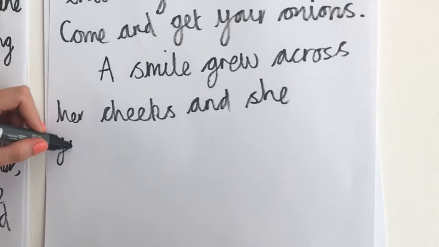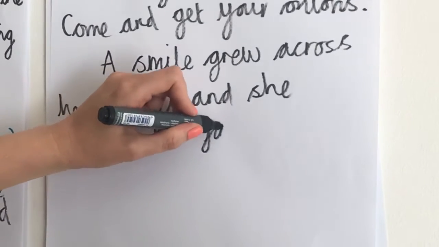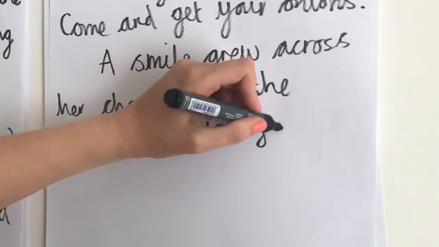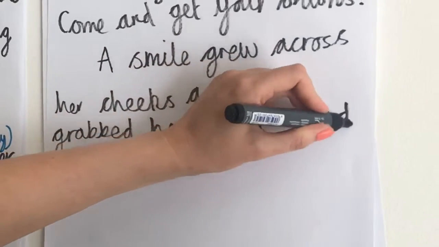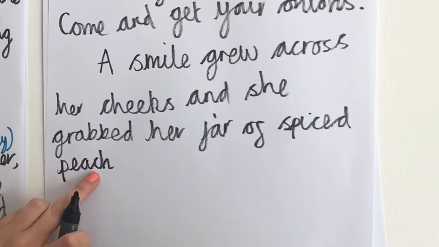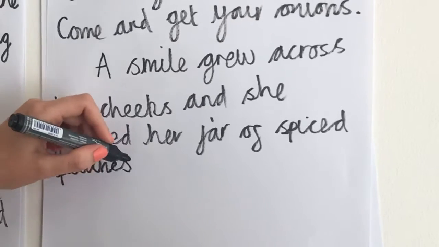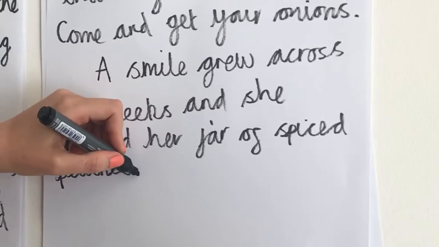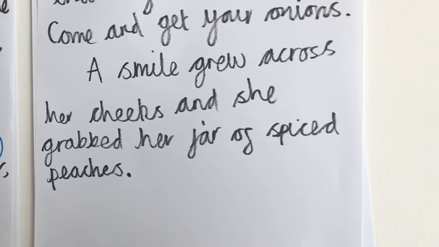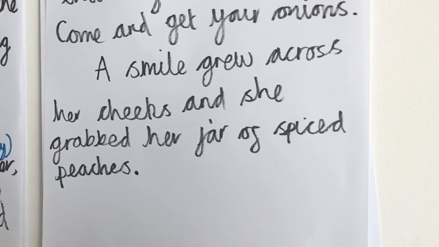She grabbed her jar of spiced peaches. Now, because it ends in ch, we don't just add an S, we add ES. A smile grew across her cheeks and she grabbed her jar of spiced peaches.